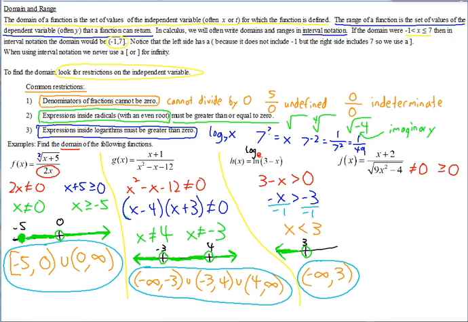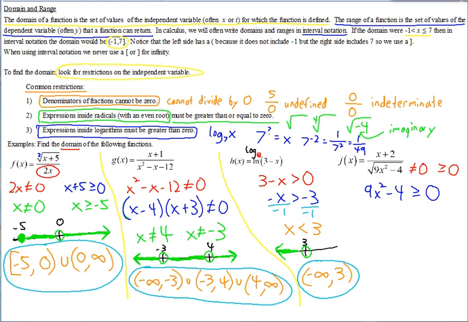So if this square root of 9x squared minus 4 was not on a denominator, then all we would do is set 9x squared minus 4 greater than or equal to 0 if it wasn't on the denominator. But because it's on the denominator, we know in addition to having to be greater than or equal to 0, it also cannot equal 0.